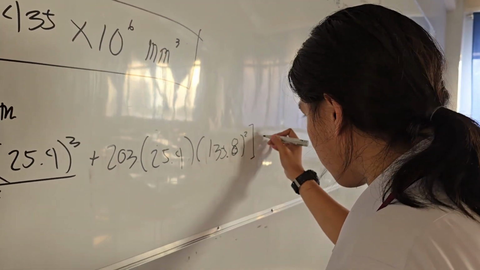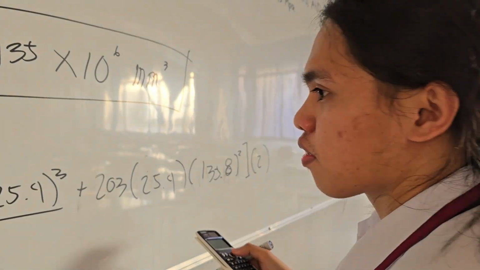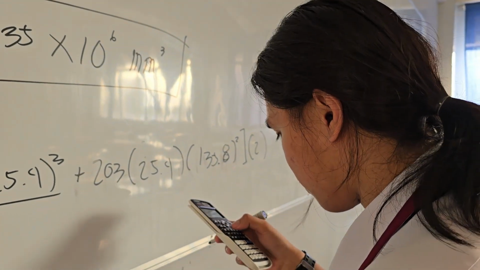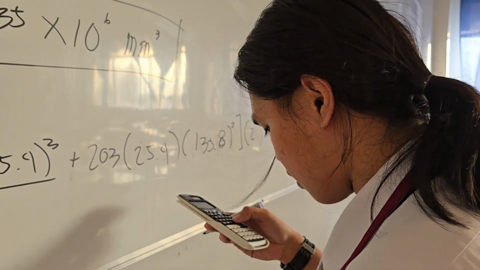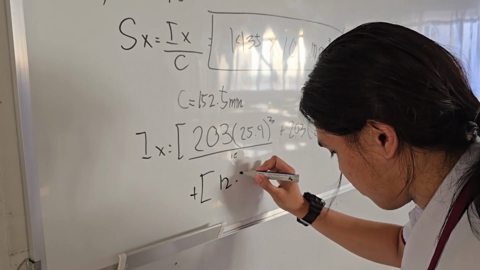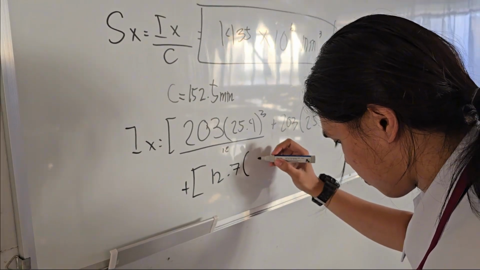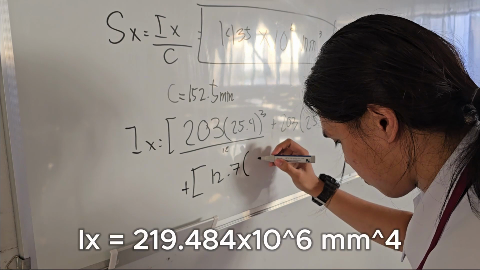Then multiply that by 2 because of the symmetrical bottom section. For the area 2, the base 12.7 times the height of the web, which is 305 minus 25.4, we get 254.2, cubed over 12. Now we solve and we get 219.484 times 10 raised to 6 mm raised to 4.